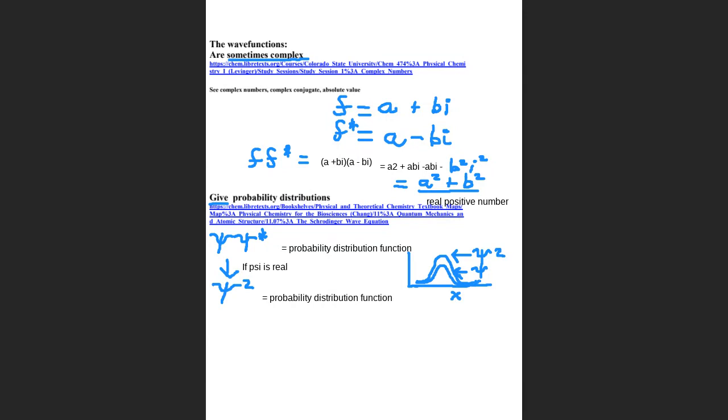That's where the probability is high. So this means that this is where the probability of finding the particle is high. Where psi squared is small, the probability of finding the particle is low.